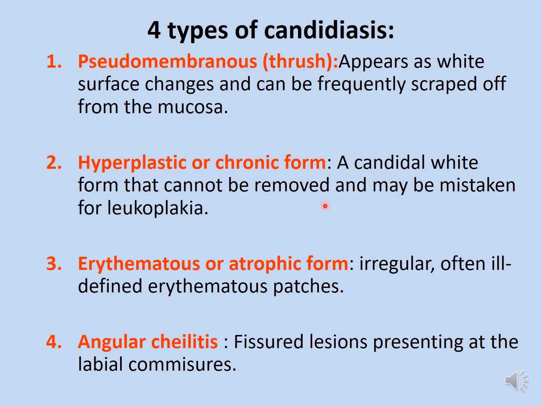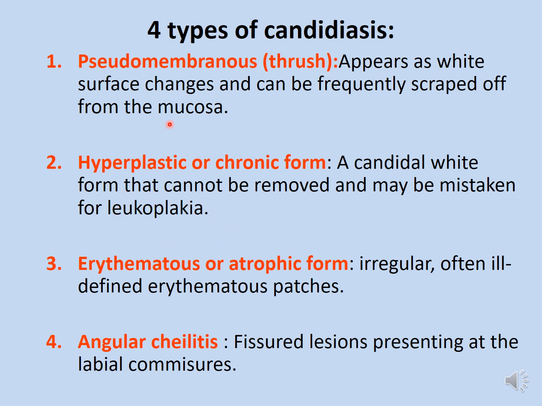Okay, the second type is the hyperplastic type or chronic type, a candidal white form that cannot be removed and may be mistaken for leukoplakia. Now leukoplakia we will discuss when we reach there. Leukoplakia basically is defined as any white patch that cannot be characterized as any other definable disease, usually associated with tobacco.